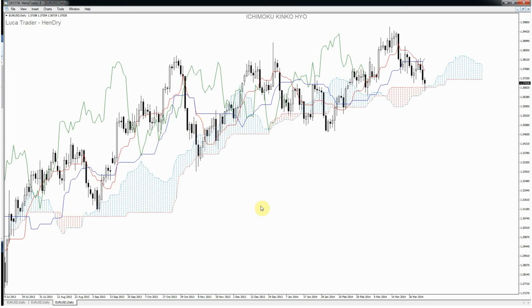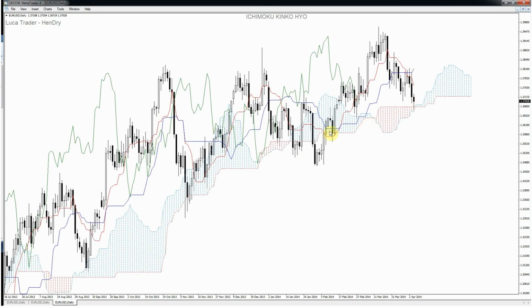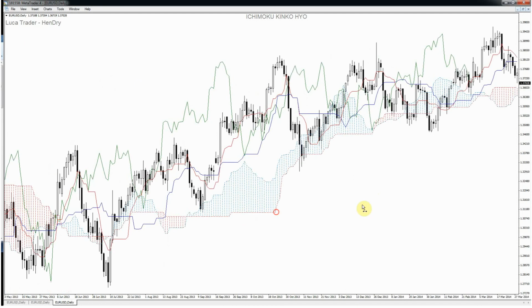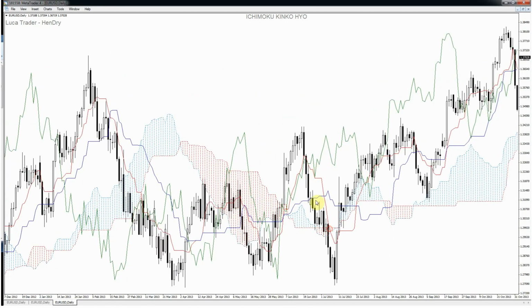Okay, and how are we going to combine these two lines to produce a higher probability of forecasting the market? There are a few things to remember. Whenever the price is right above these two lines, it might indicate a strong bullish momentum. Whenever the price is right below these two lines, the blue and red, it shows a strong bearish.